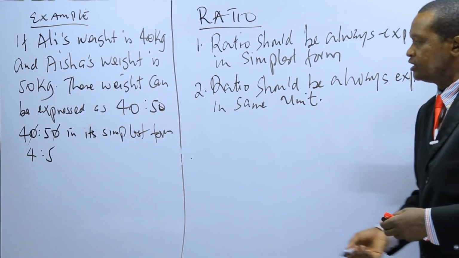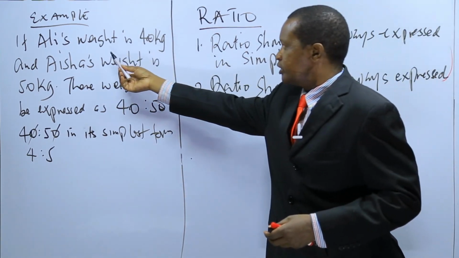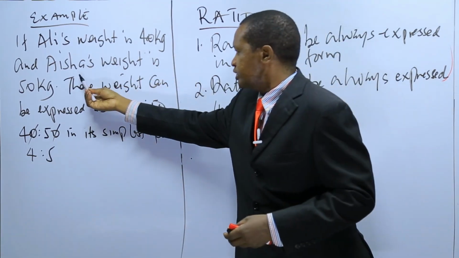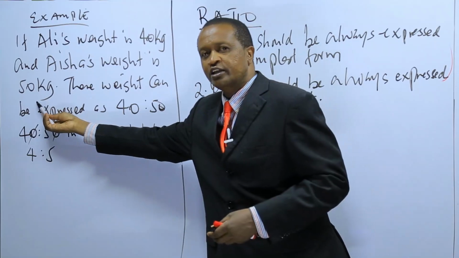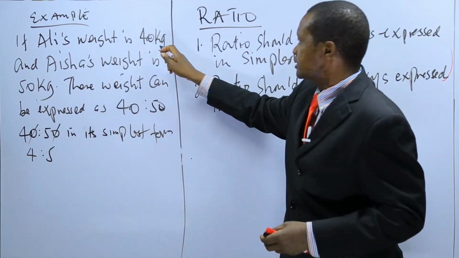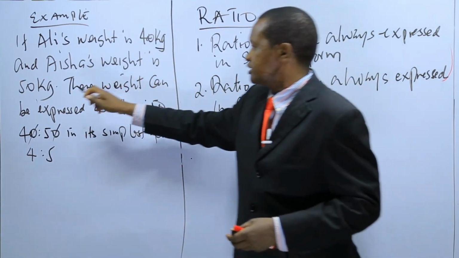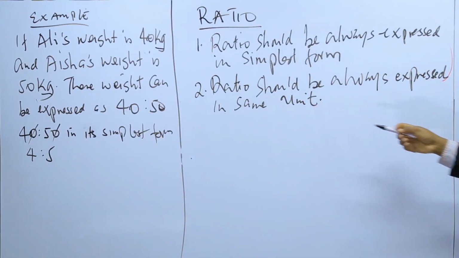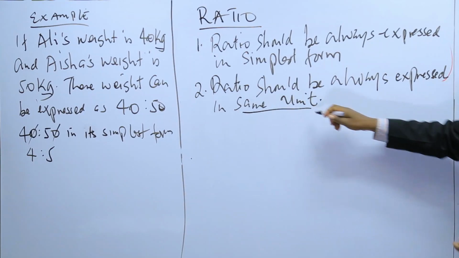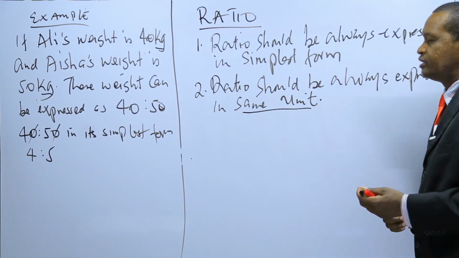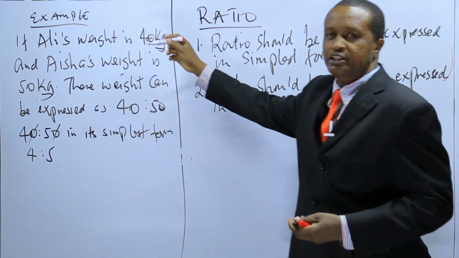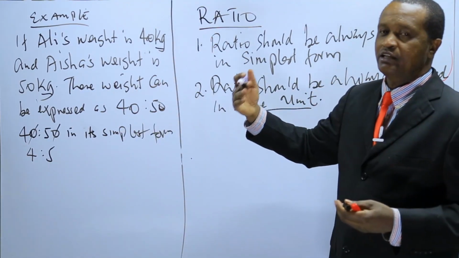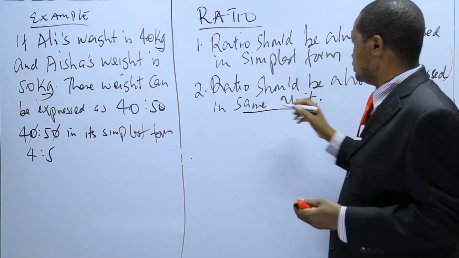For example, here we say that Ali's weight is 40 kilograms and Aisha's weight is 50 kilograms. So these kilograms and these kilograms are the same unit. You should not have a scenario where a quantity is expressed in a different unit from the other. They have to be the same unit.